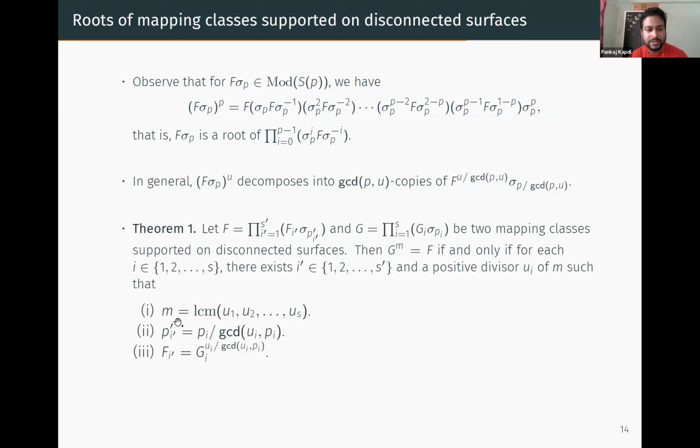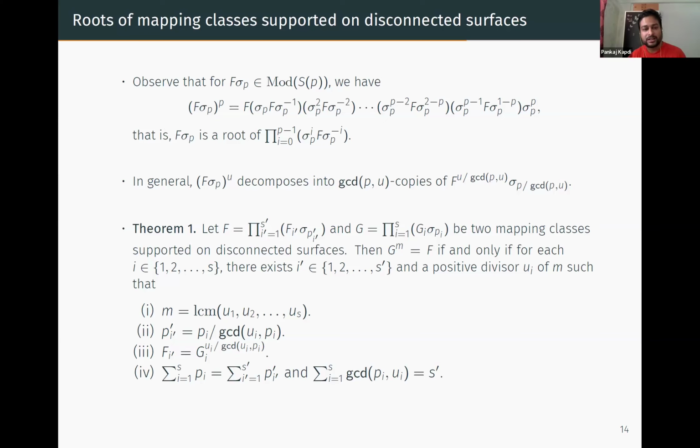That comes from the second observation, the second and third conditions. The last condition comes from how many orbits there were before taking the power: before taking power you have sigma pi many orbits, and after, when you get f, you have sigma pi prime orbits, so they must be the same. We are just reconciling how many orbits there are. The last condition says that one orbit decomposes into GCD of pi comma u_i many orbits, so s prime has to be equal to the sum of these GCDs.